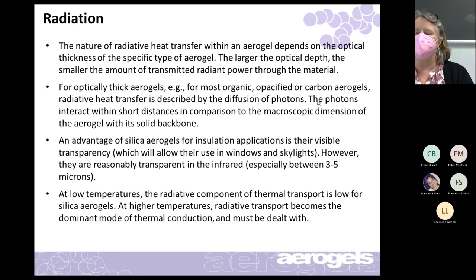However, in a silica aerogel, which we like for their visible transparency so that you can use them in windows or skylights, the problem is they are quite transparent in the infrared region. So there is radiation. But at low temperatures, it's not particularly important. But at higher temperatures, it is important and you have to deal with it.